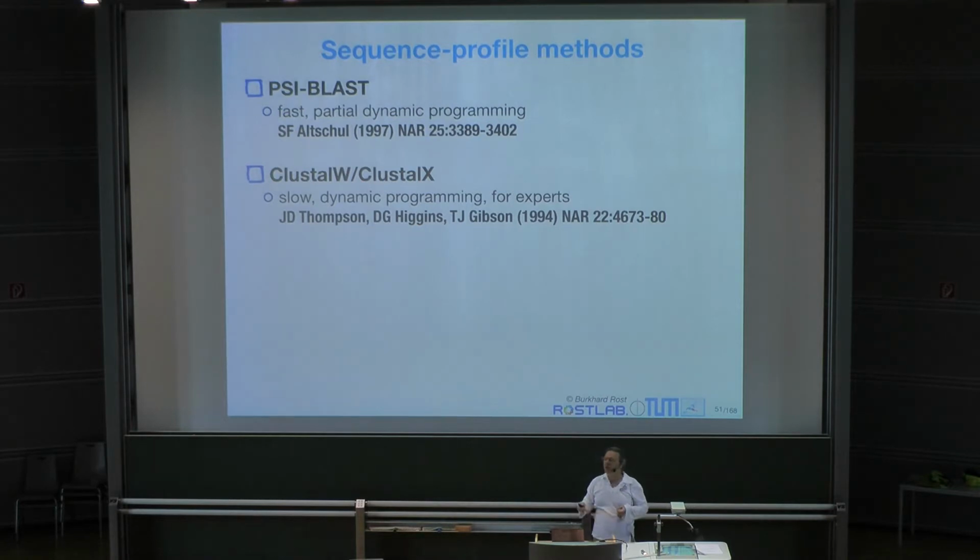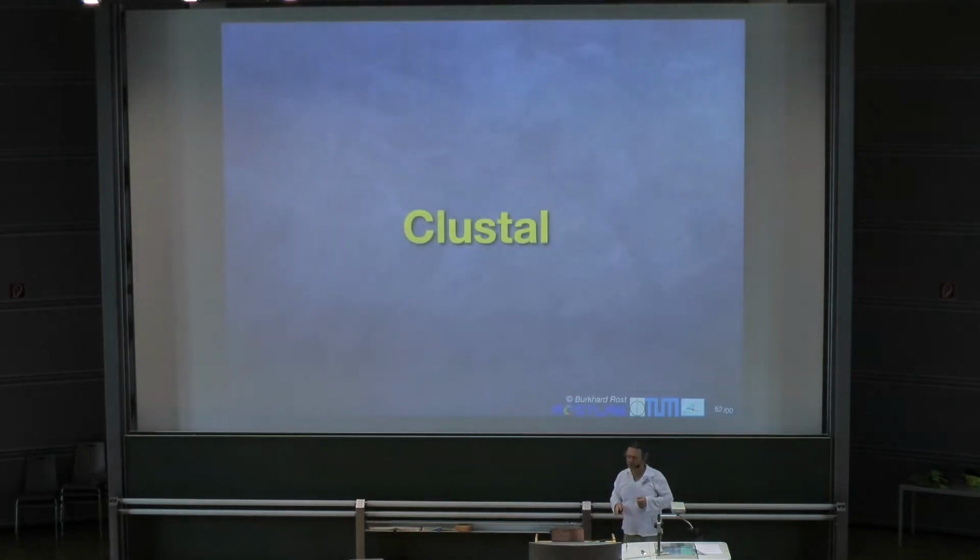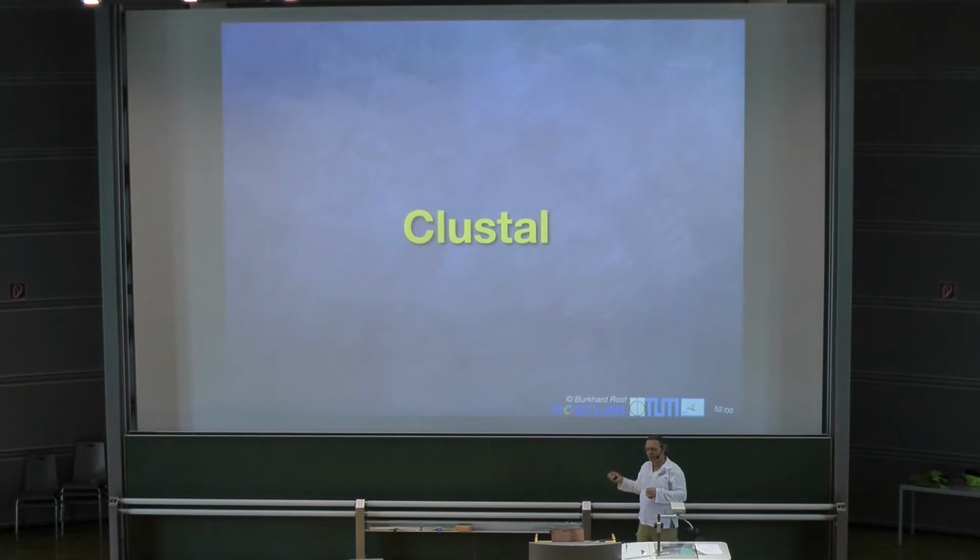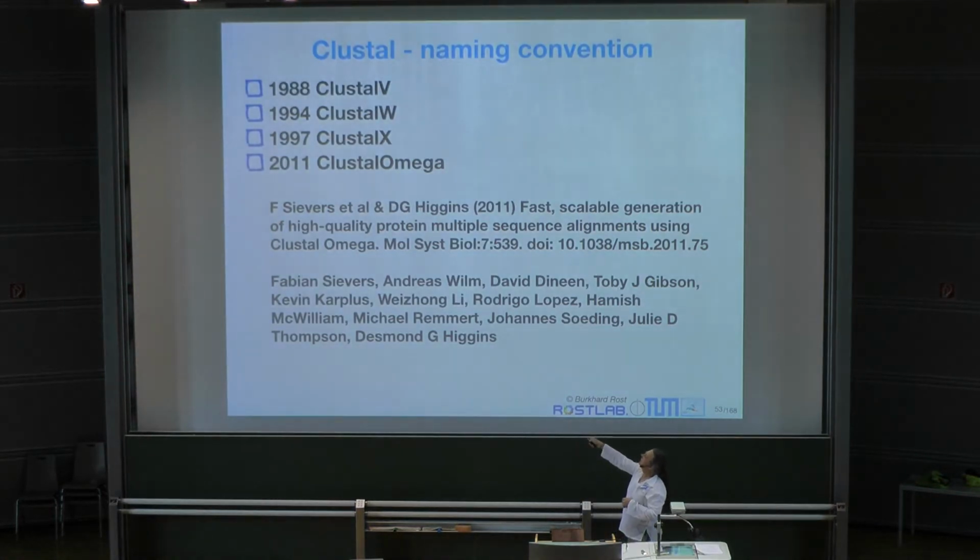By the way, Clustal historically was there before PSI-BLAST, and Clustal is in fact one of those methods that invented this idea of position-specific profiles. There's a generation of Clustal. The latest one sort of started in '88. The latest one is Clustal Omega, and that comes with the description, is the last alignment program you will ever need.